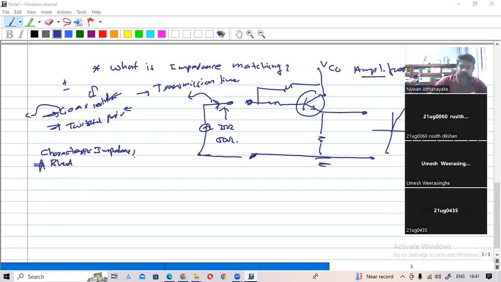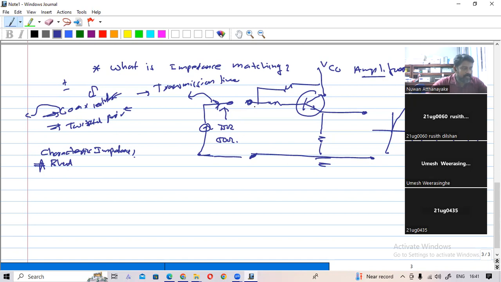What you need to know is, when we input the signal, we have to use a transmission line. There is a corresponding impedance for a transmission line. For example, if it is coaxial, that may be 75 ohm or 50.